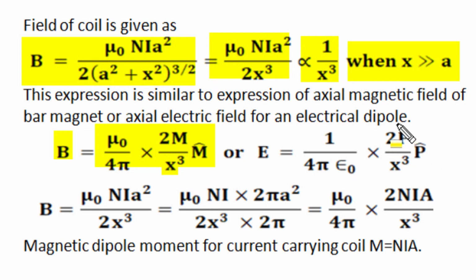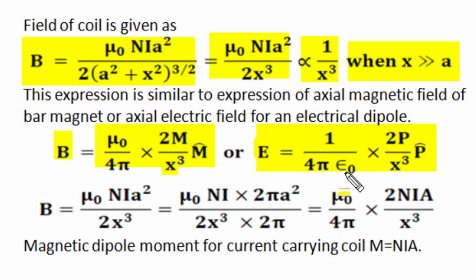Similarly, for an electric dipole moment, the axial electric field is given by 1 upon 4 pi epsilon naught times 2p upon x cube. Now, the magnetic field of magnetic dipole moment and the electric field of electric dipole moment have a great similarity. This mu naught is the magnetic permeability of medium, a magnetic property of medium, and this epsilon naught, the permittivity of medium, is an electric property of medium.